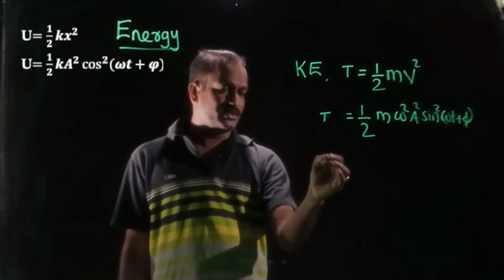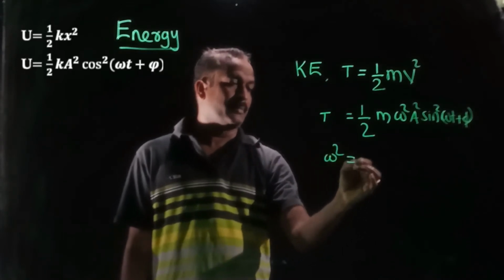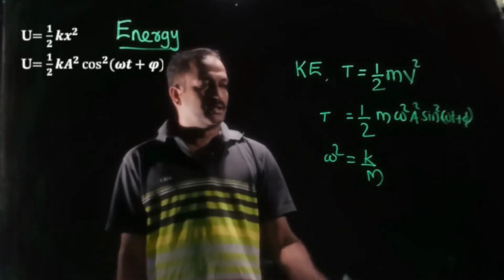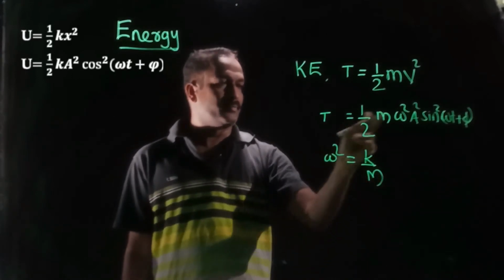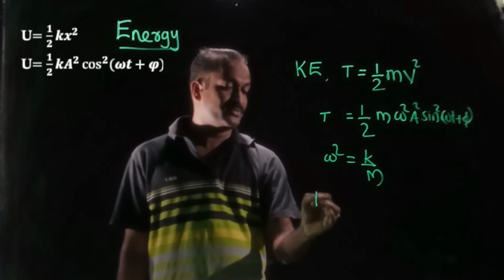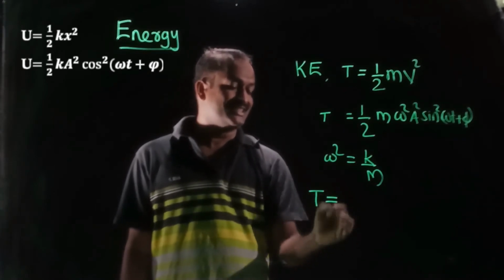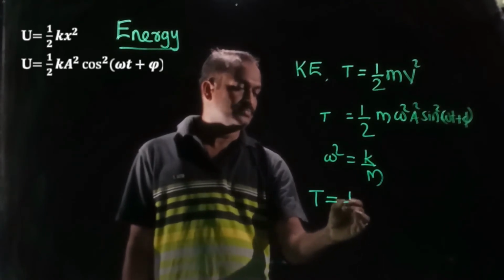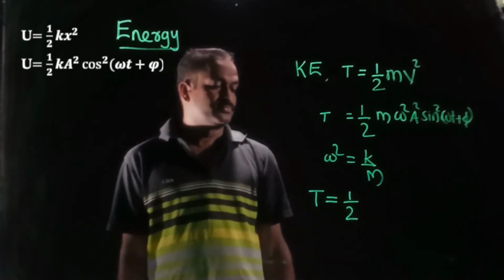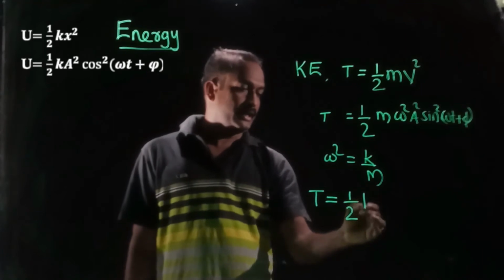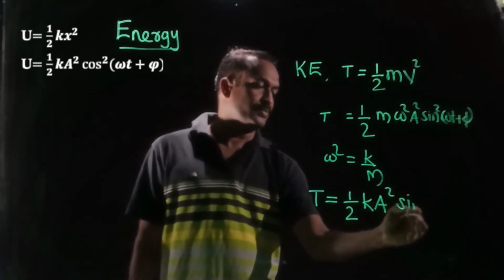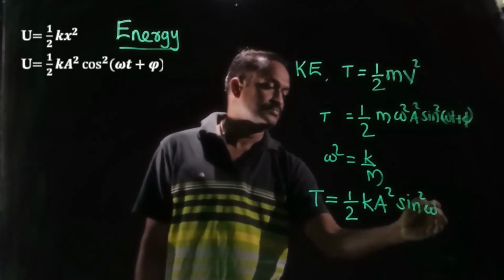With the substitution, we have omega square is equal to k by m, as we discussed in the last class, or k is equal to m omega square. With that substitution, we have the equation of kinetic energy T as T is equal to half k a square sin square(omega t plus phi).